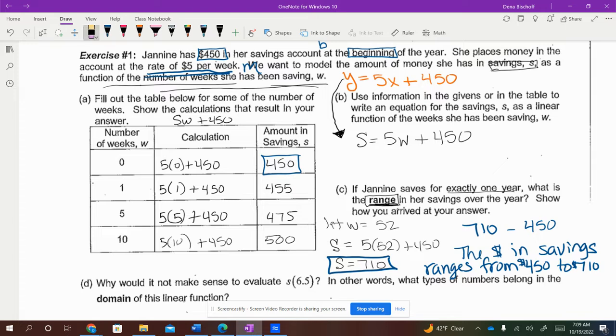Okay? 450 to 710. If we were required to list it, we would really have to list every increment of 5 coming after the 450. So this range is just perfect.